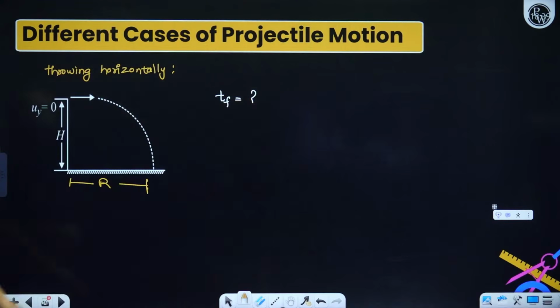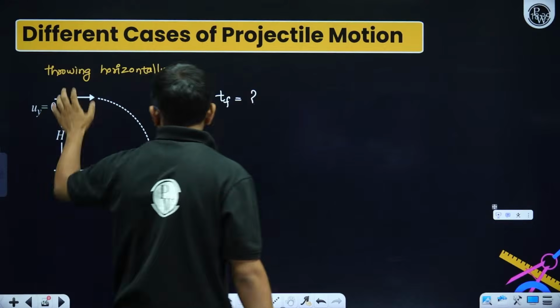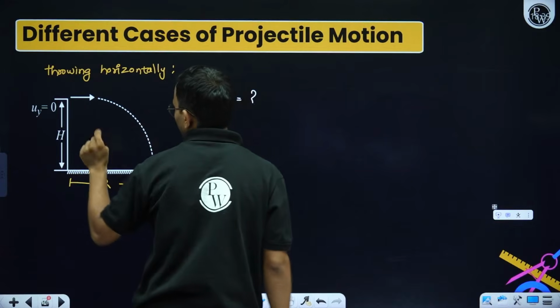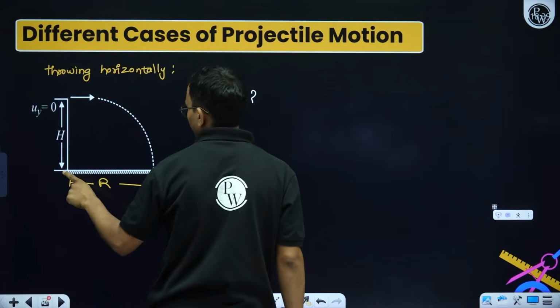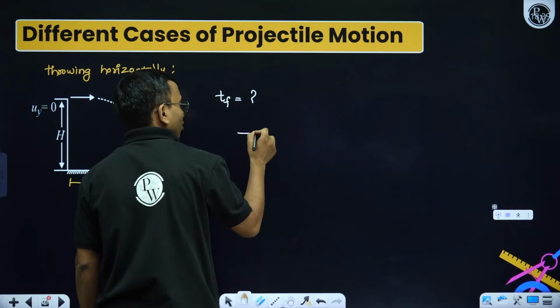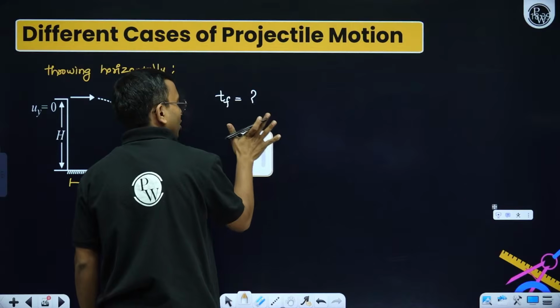Time of flight. It is falling a distance h along y-axis. So, I am writing the equation of motion first, only along y-axis. What is the displacement? It is coming from here to here, in the downward direction. What is that? Minus h.